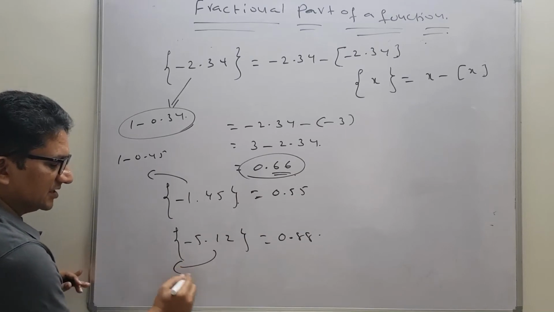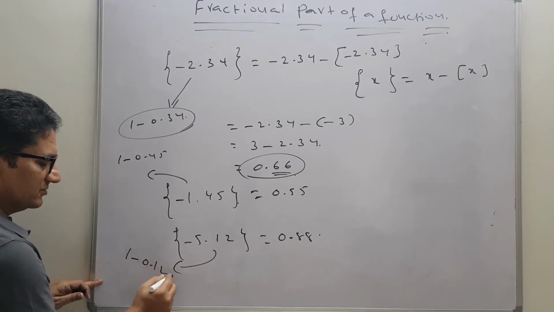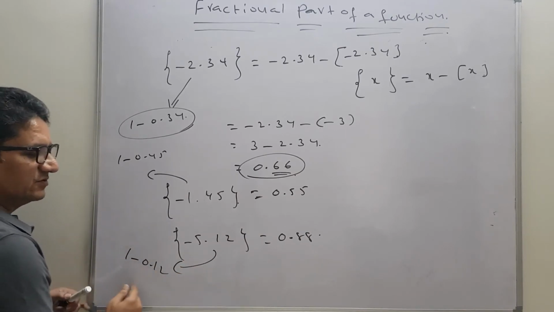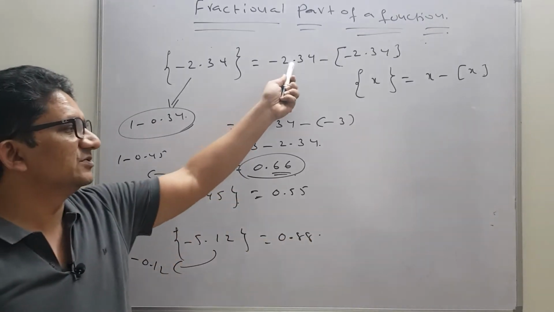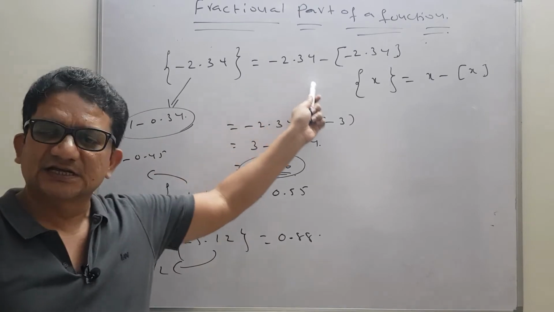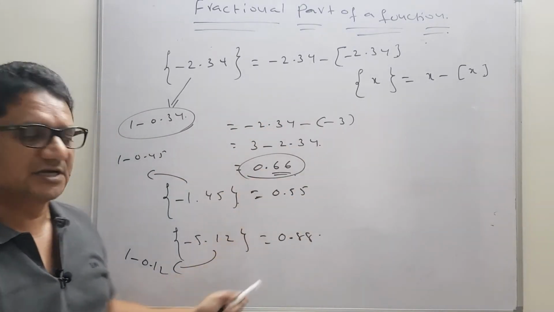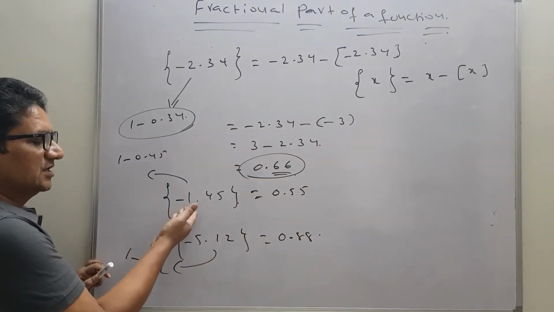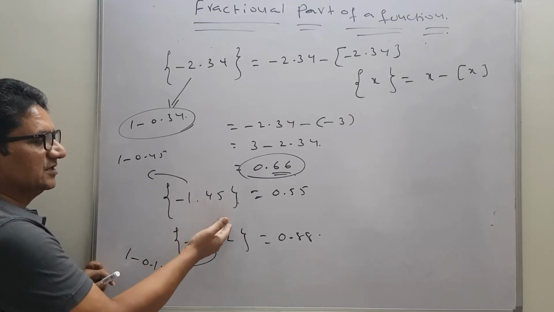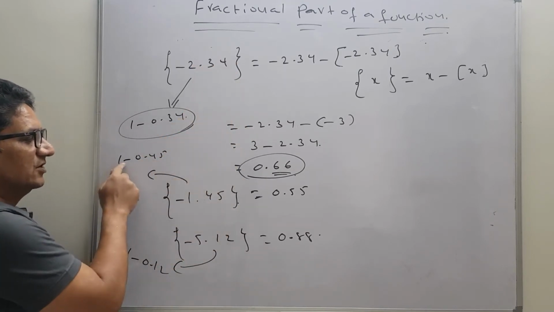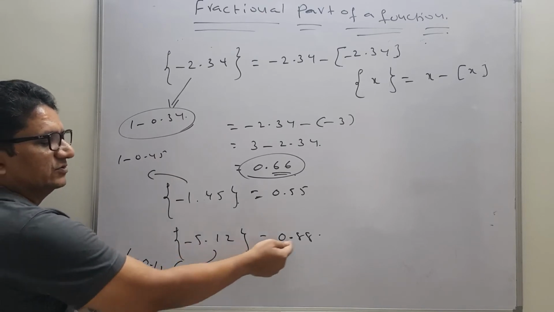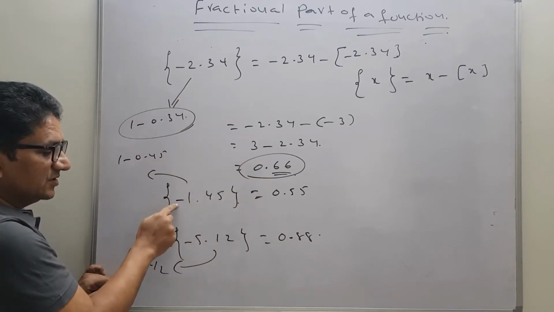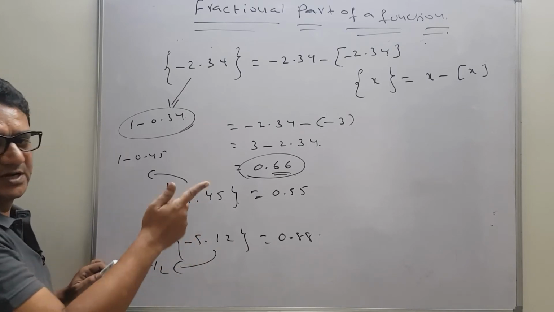And for minus 5.12 we can deal like this: 1 minus 0.12, which is 0.88. Why can't we use this logic every time instead of doing the whole work? Of course the earlier one is the proper theoretical approach, and here we got a short technique. So instead of doing the whole thing, simply take 1 minus the decimal part. We use this when we have a negative real number.